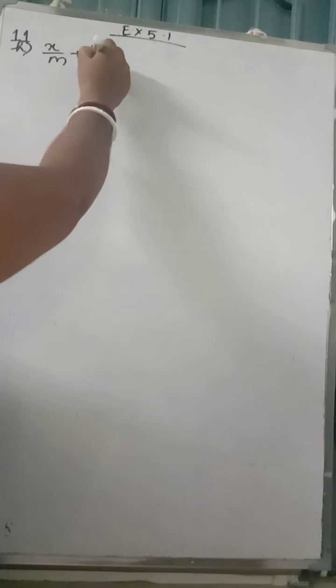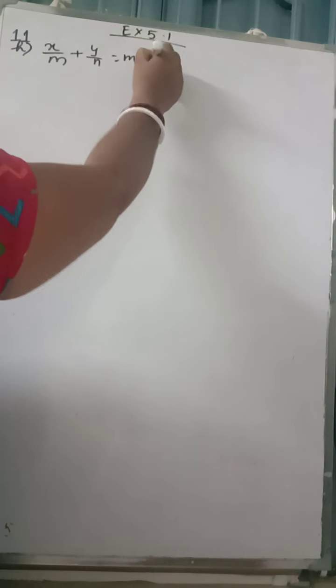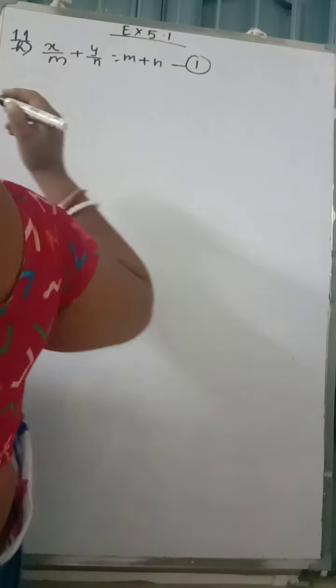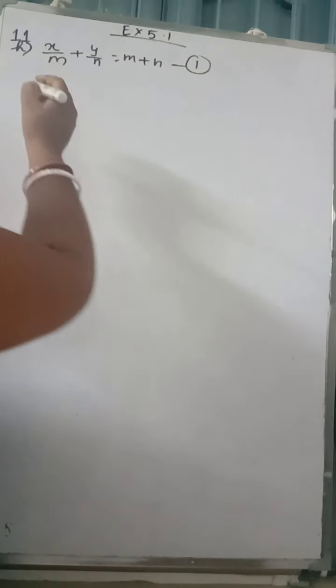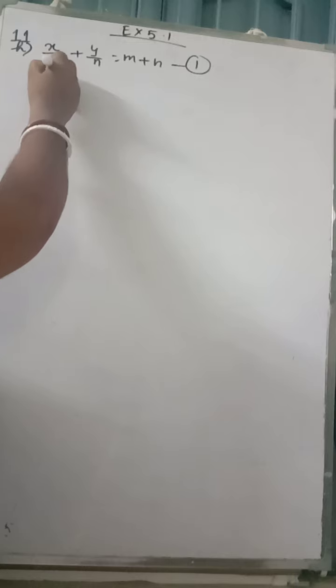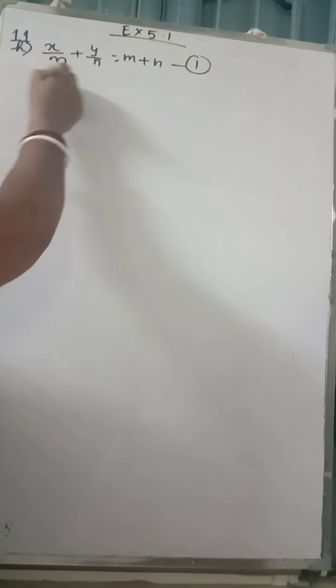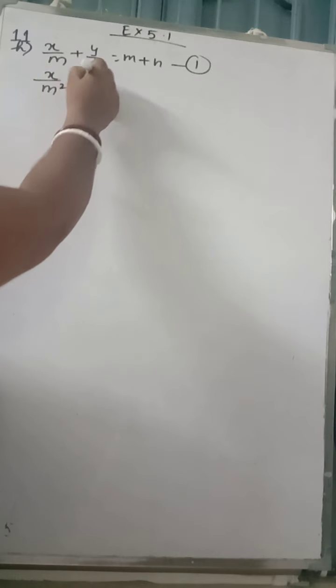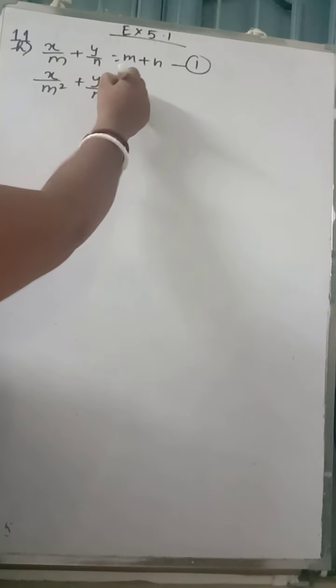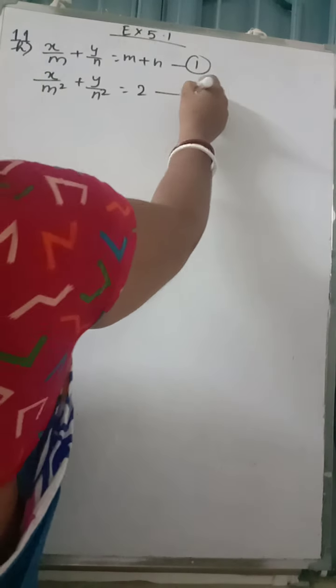Now the question is x by m plus y by n is equal to m plus n, number 1. And the second equation is x by m square plus y by n square is equal to 2.